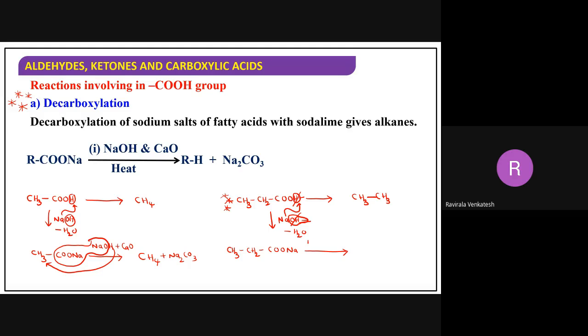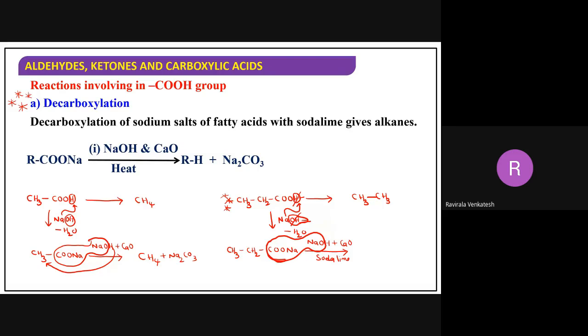Next, what are we doing, beta? You are taking soda lime, NaOH plus calcium oxide. What is the function of soda lime? It will remove the carbon dioxide. So what happens here? Everything will be removed like this. Is the line I am drawing visible to you, beta?